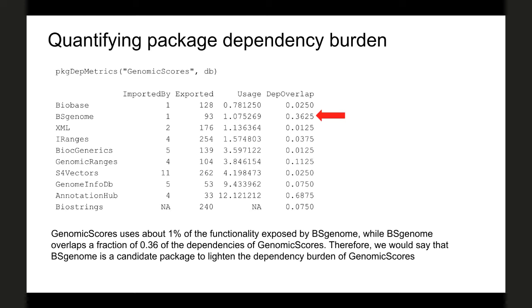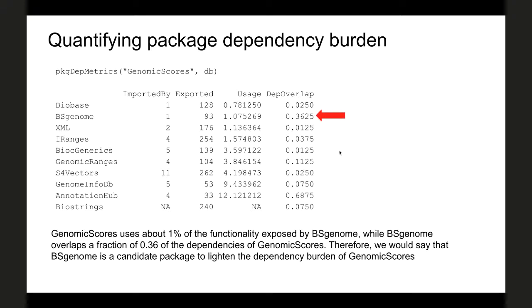Of course, that's another question. This shows that BS genome takes a large fraction of the dependencies of genomic scores. Now, to figure out what happens when you remove it, whether these dependencies are shared by other packages, that's more difficult to answer, and it's not captured by this metric.